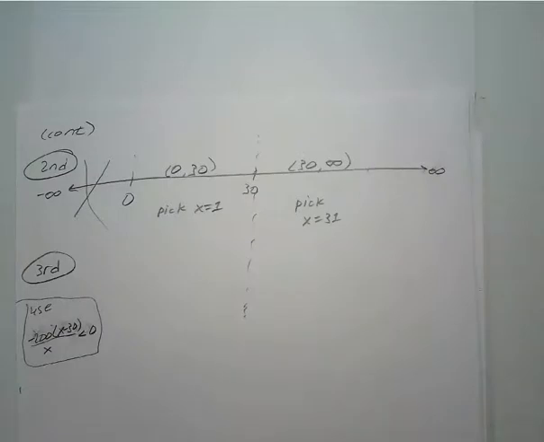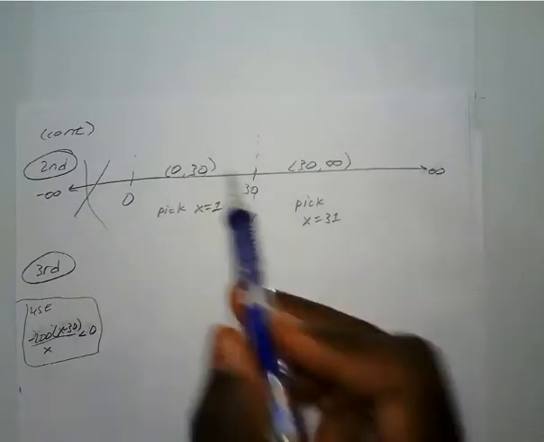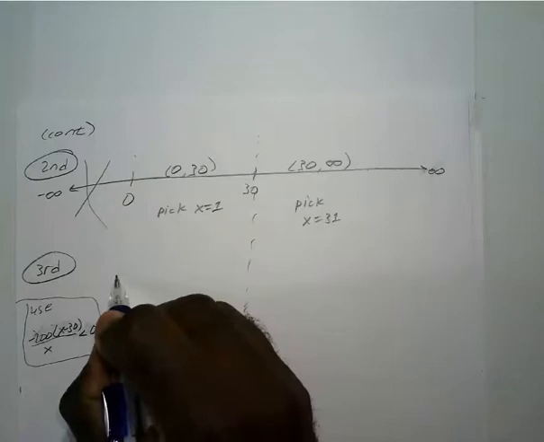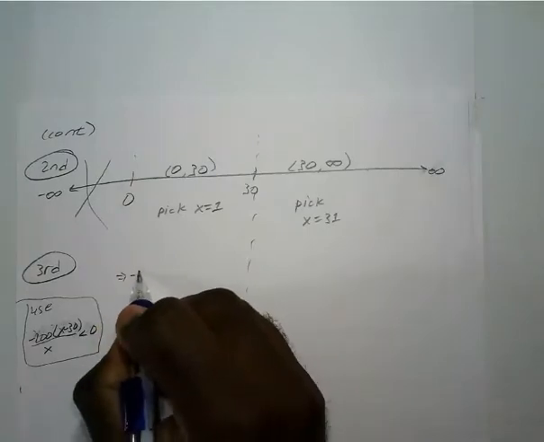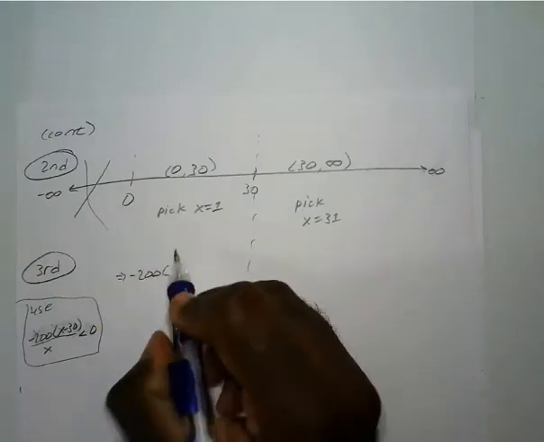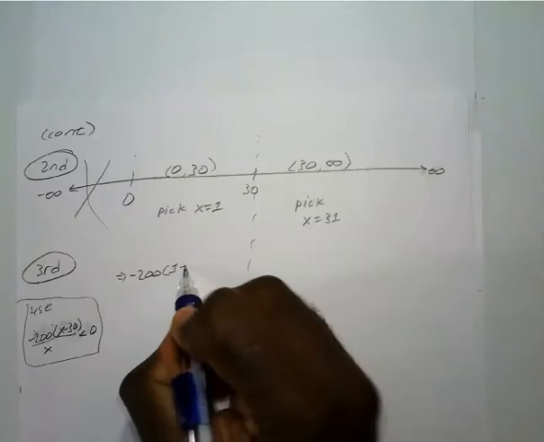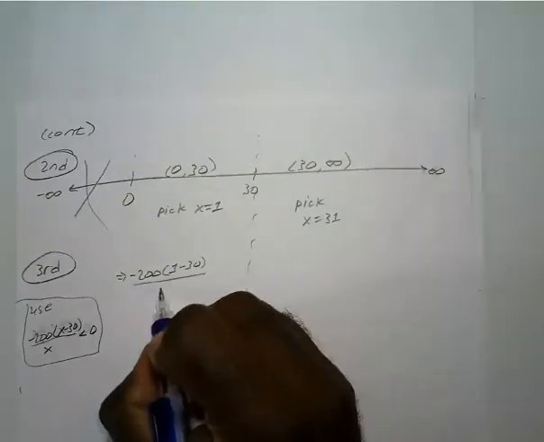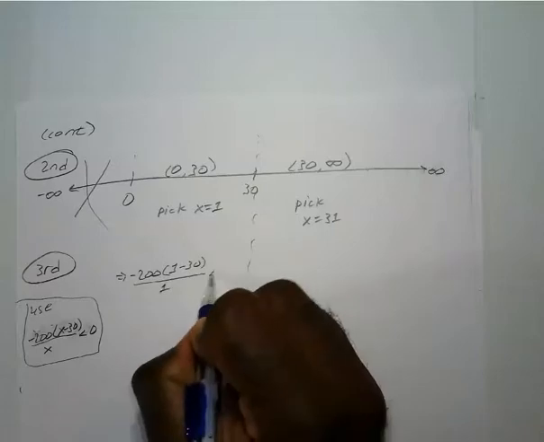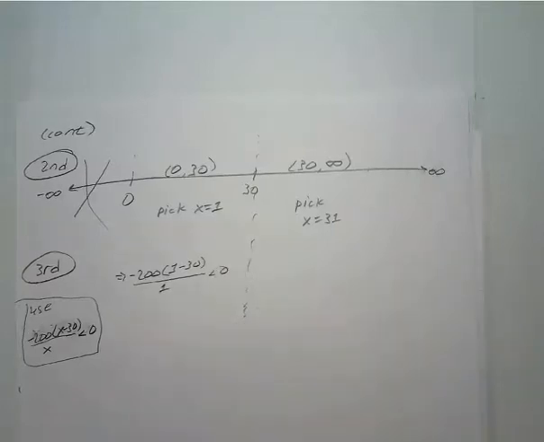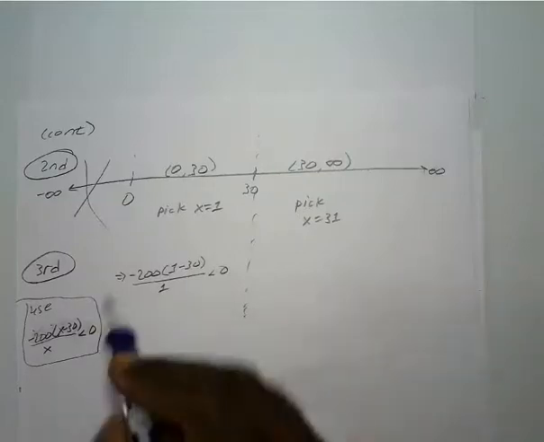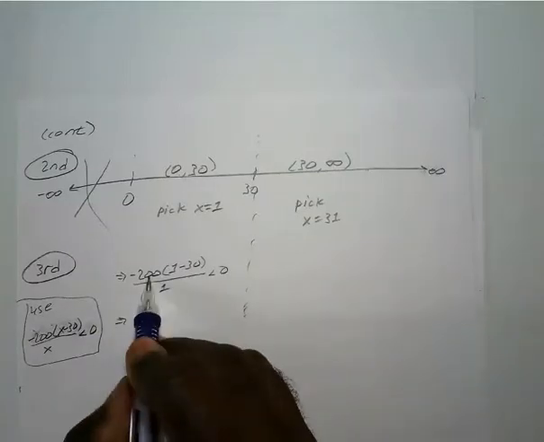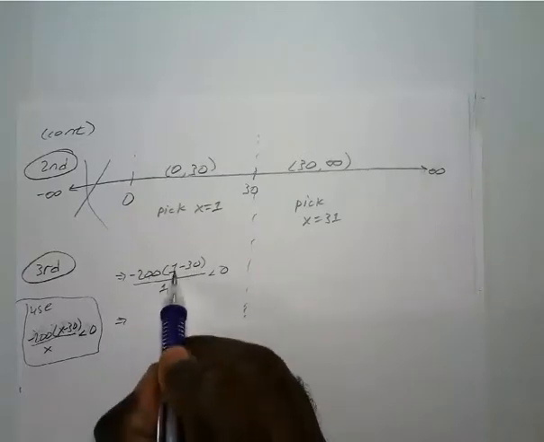All right, so if we use that one, we have from 0 to 30, we picked x equals 1, so that gives us negative 200 times 1 minus 30 all over 1 is less than 0. Okay, so we have negative 200 times 1 minus 30.